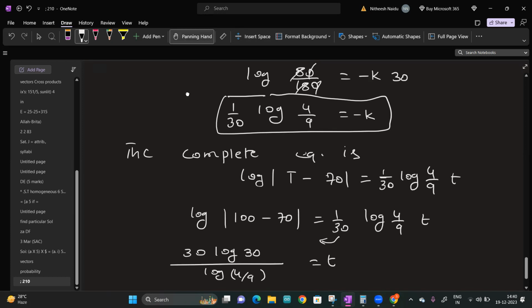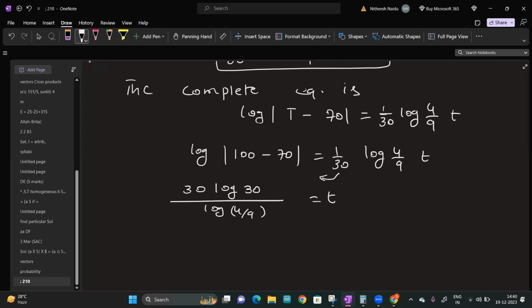So we need to calculate this part. Tell me, log 30 is how much? Log 30 is 1.4771.